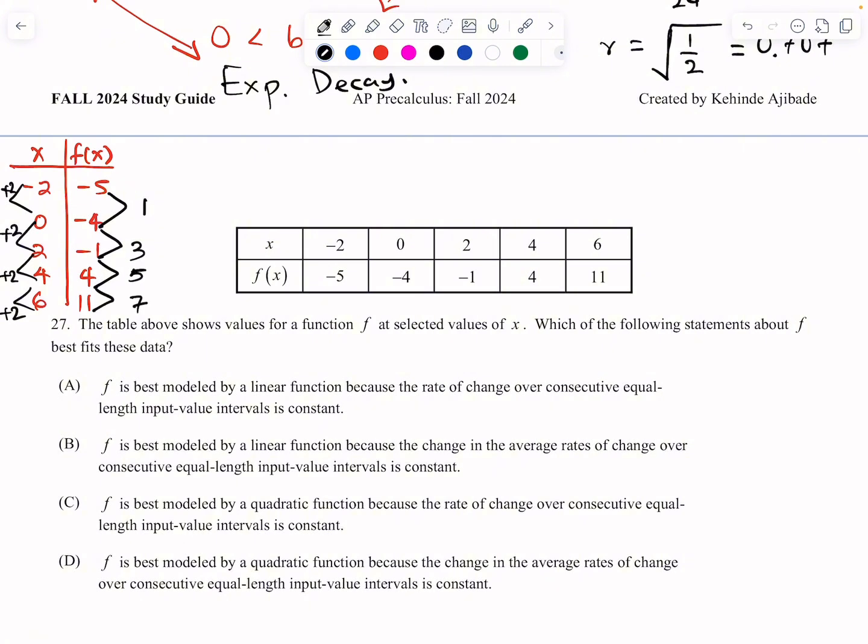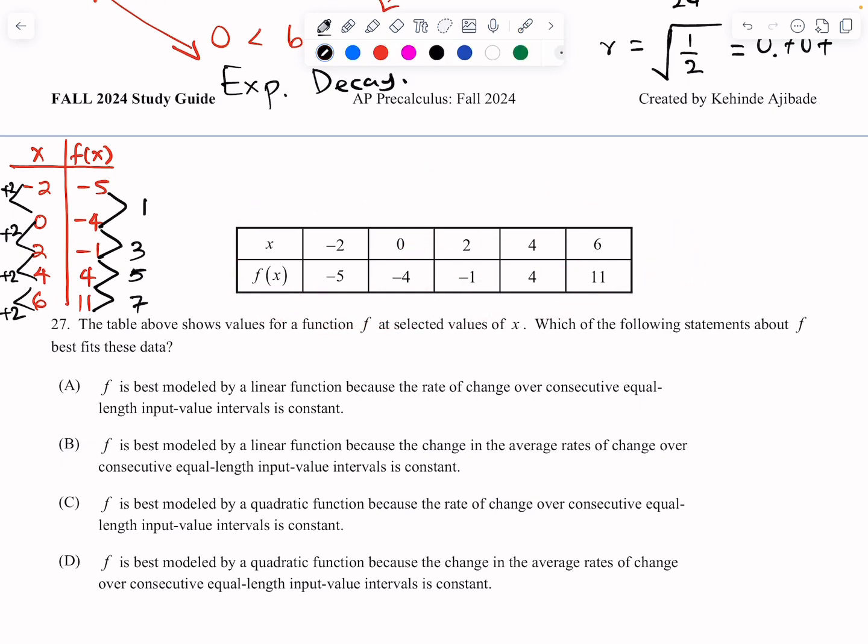So I'm saying 11 minus 4 is 7. 1 minus minus 1 is 5. Negative 1 minus minus 4 is 3. Negative 4 minus minus 5 is 1. And then you can see that the first differences are not the same, right? If they were the same, this would have been linear, but they are not the same. So this data set is not linear.